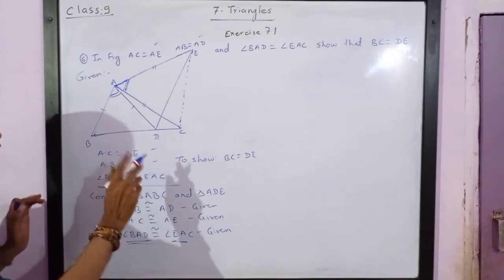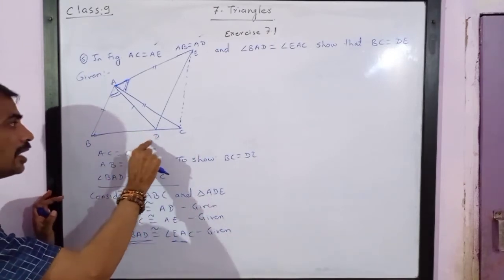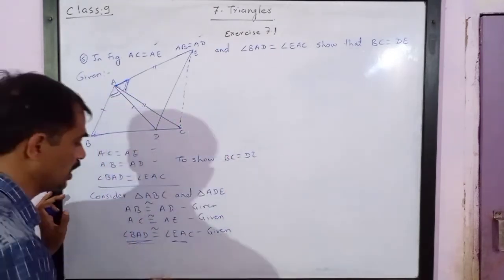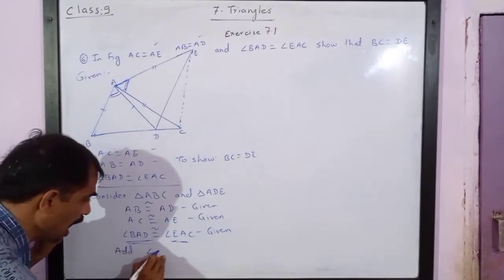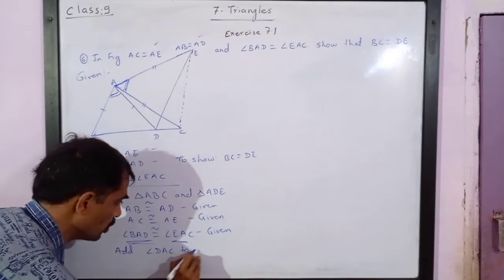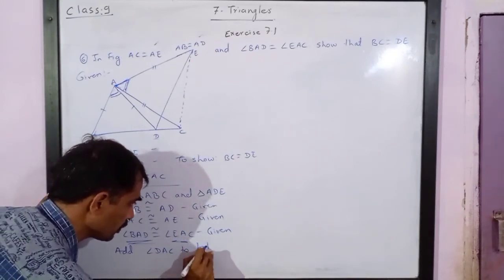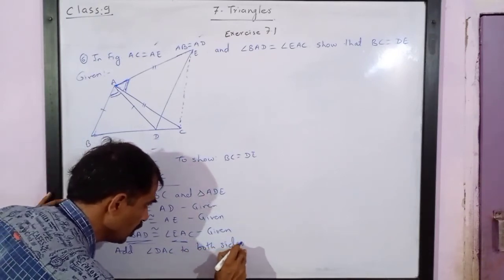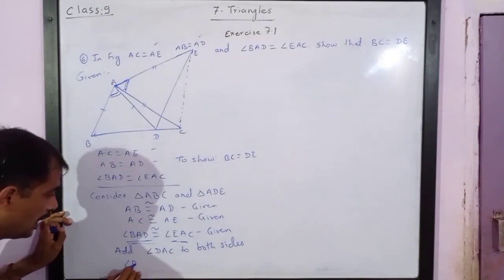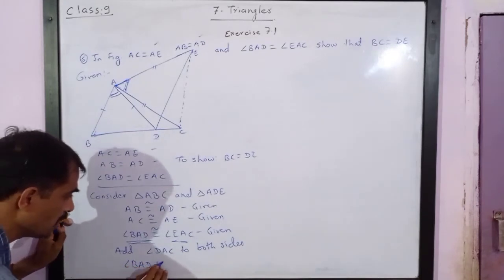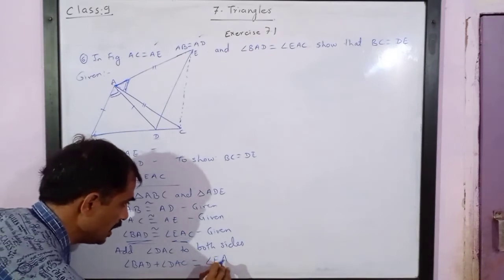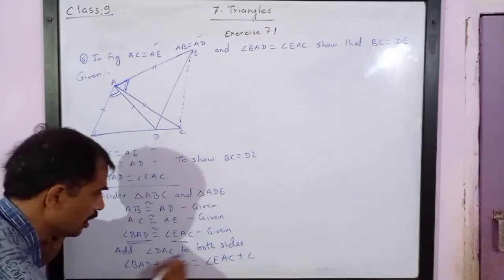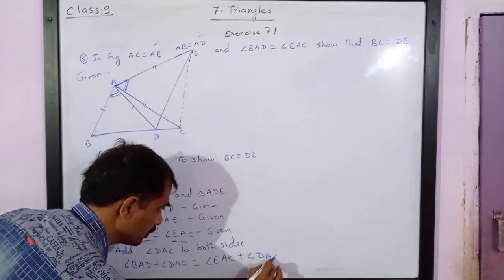So here what I am going to do is add angle DAC to both sides. So I will get angle BAD plus angle DAC is equal to angle EAC plus angle DAC.